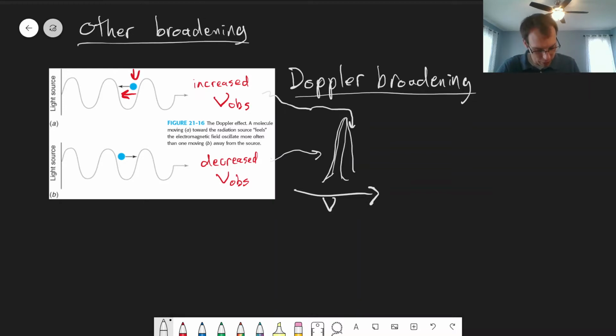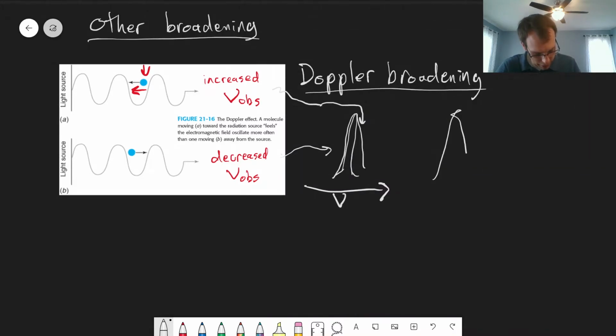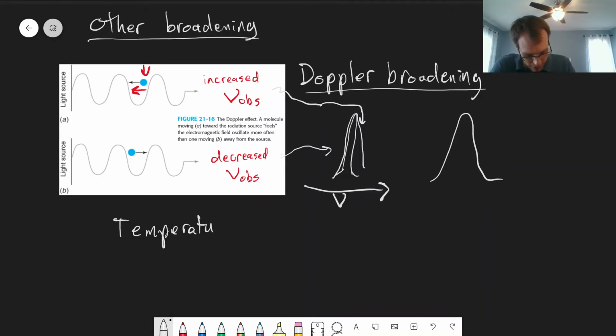And so overall, that leads to a line that is broader than the natural line width that we showed here. And the main thing that affects Doppler broadening is temperature. This is essentially a temperature effect because that affects the speed at which these molecules are moving relative to the light source.